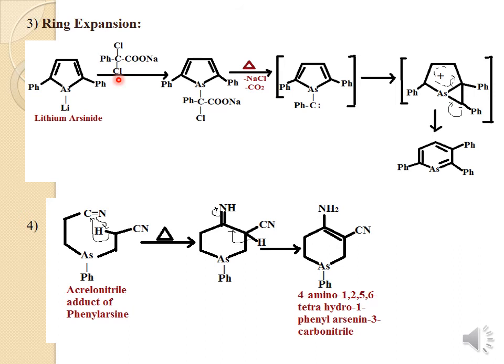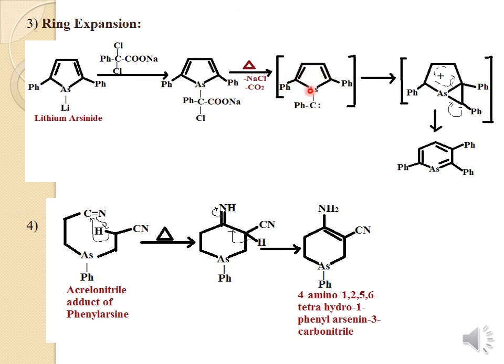Lithium chloride will be cleaved out, and then you'll get back this structure. Upon heating, the NaCl will go, and with the evolution of carbon dioxide, you will generate the carbene structure.